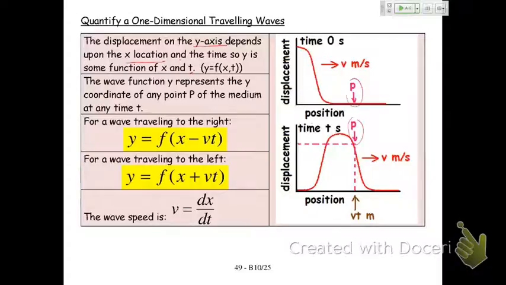So I say, well, y is some function of x and t. The wave function y represents the y coordinate of any point P of the medium at any time. For a wave traveling to the right, I say y equals f of (x minus vt). And for the wave traveling to the left, it's f of (x plus vt).